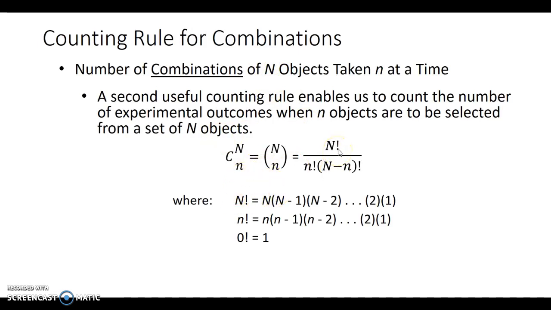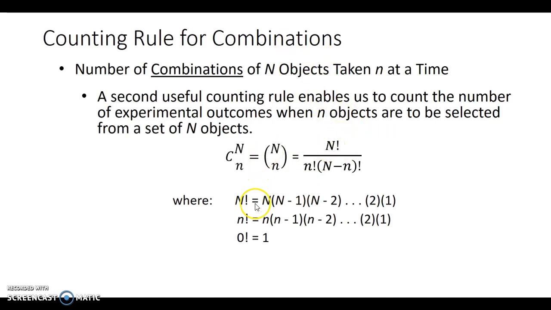N factorial, that's on top here. A factorial simply means that you multiply all of the positive integers between n and 1.